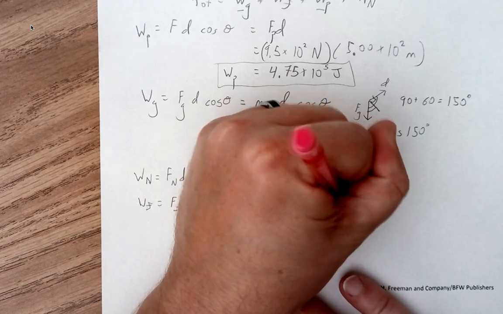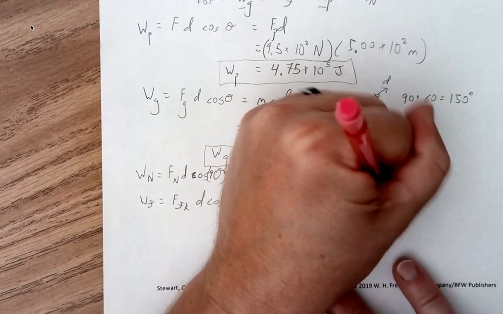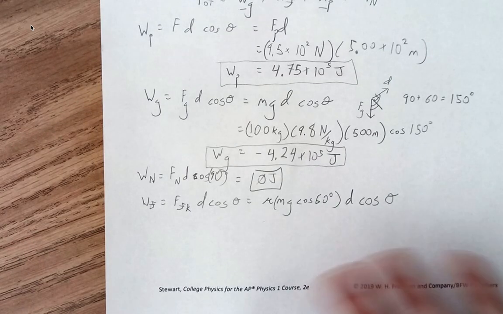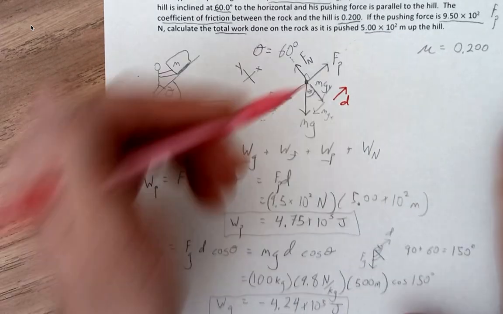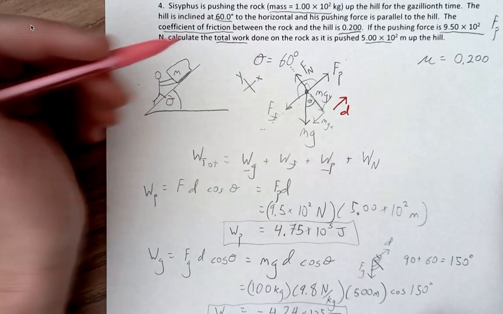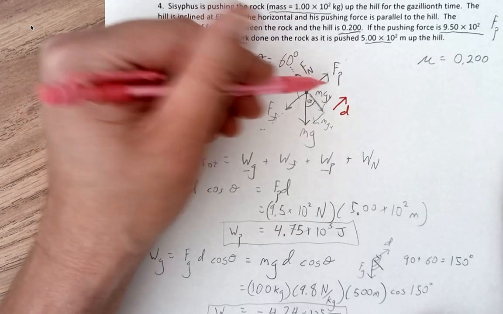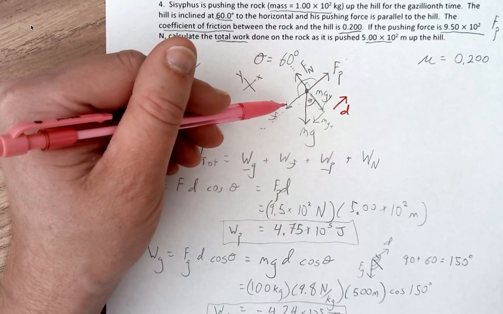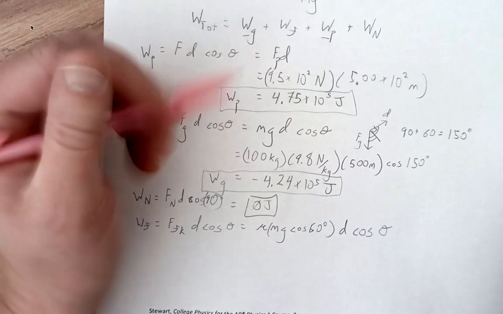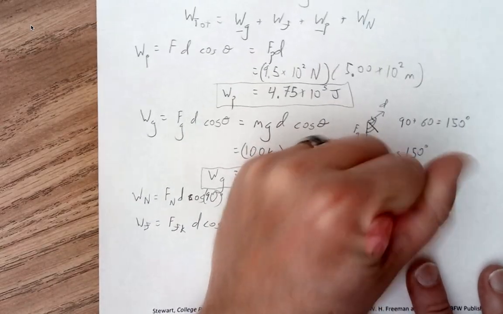Now I'm going to multiply by that distance d times the cosine of that angle theta, and the angle theta here is going from going in the direction forward for this distance to going backwards. Friction is always opposing our motion, so this angle theta now becomes 180.